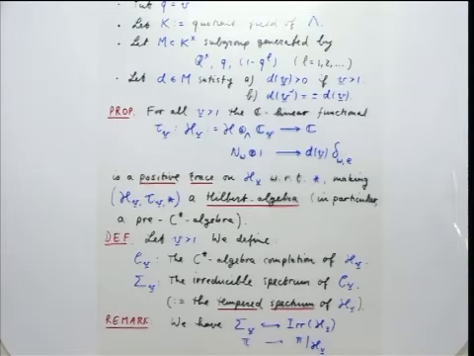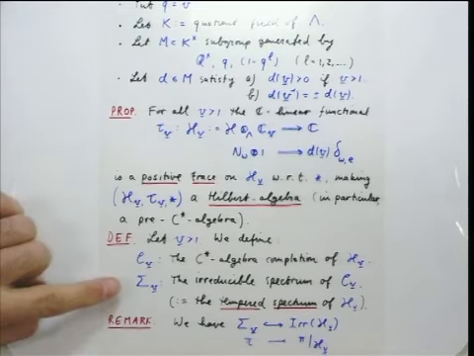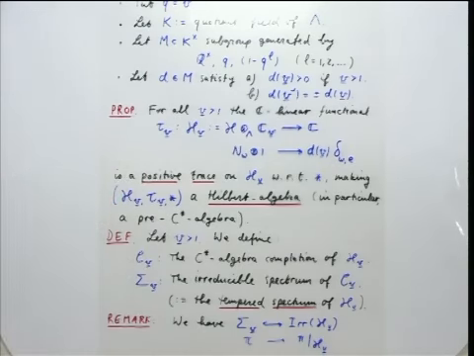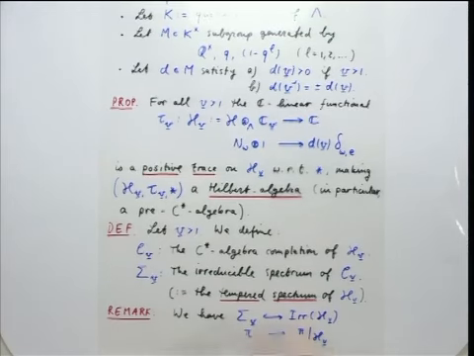It's the C-star algebra completion of the Hecke algebra. And if we denote by capital sigma of v the irreducible spectrum of this C-star algebra, which we also will call the tempered spectrum of the Hecke algebra, then well, we can embed this in the irreducible spectrum of the Hecke algebra by just restricting.